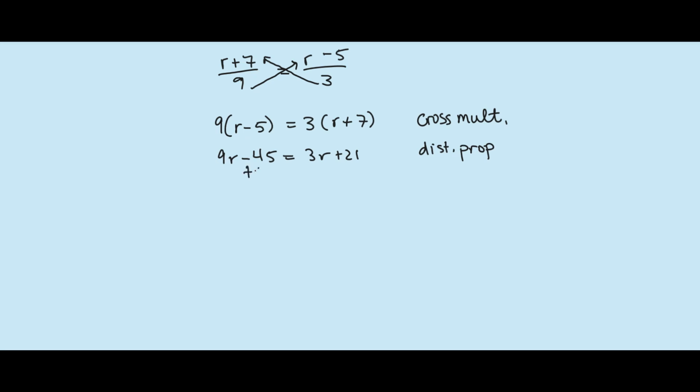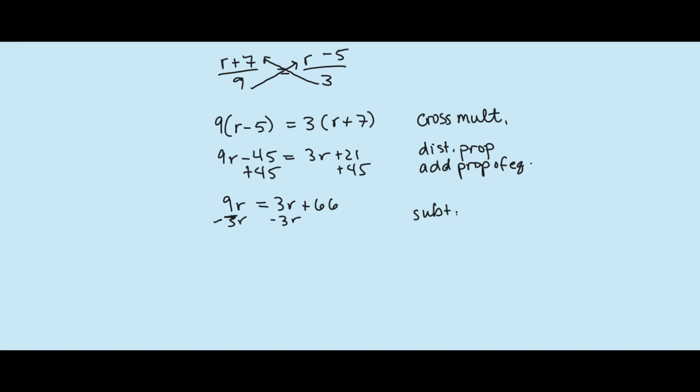I'm going to add 45 to both sides. And that's the addition property of equality. And that's going to give me 9r equals 3r plus 66. I'm going to subtract 3r from both sides. Minus 3r.